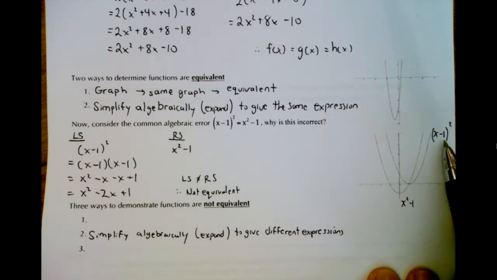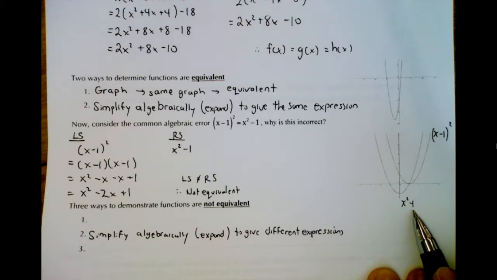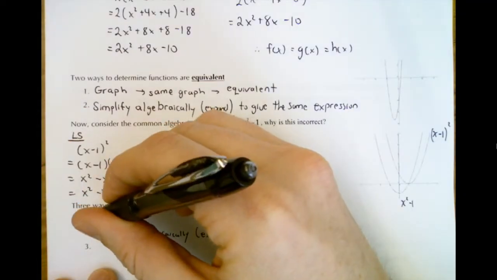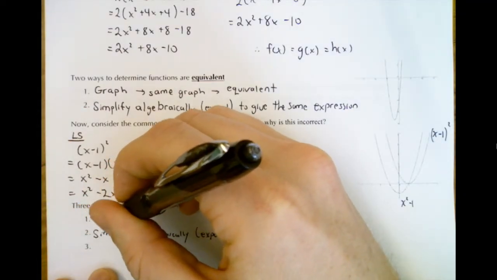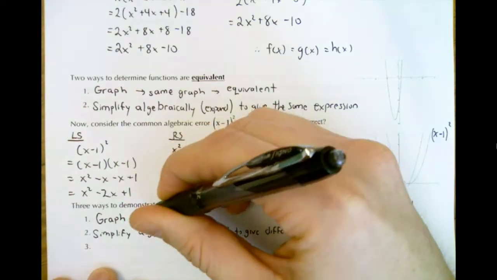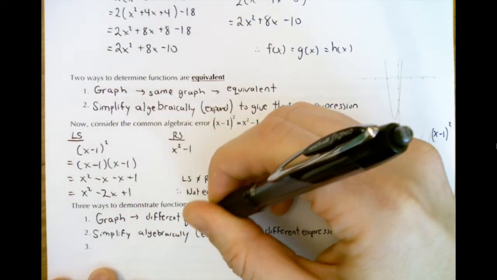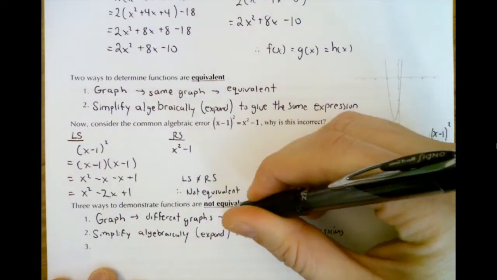That negative 1 is a D, that negative 1 represents C. Those are two different transformations, so of course they don't look the same. So the first way would have been to graph. If you get different graphs, they're not equivalent.